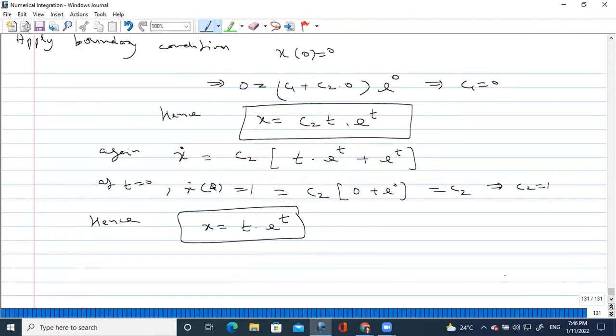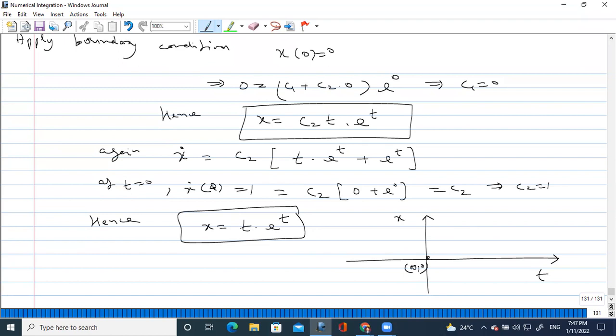And sometimes they can ask you how to draw it. So how to draw it? Suppose on this axis it is t, and here it is x, and this is 0, 0. First of all, we have to check whether at t equal to 0 it is going 0. Yes, so it will start from here.